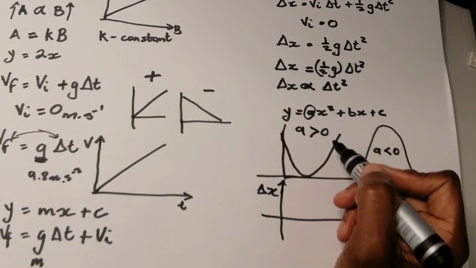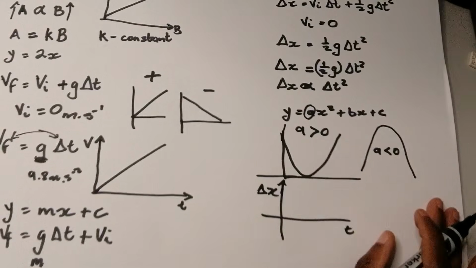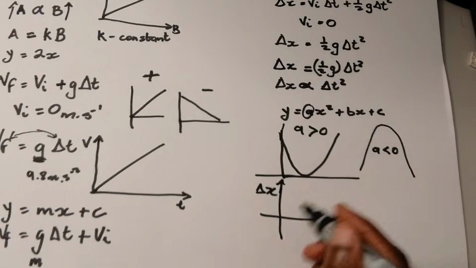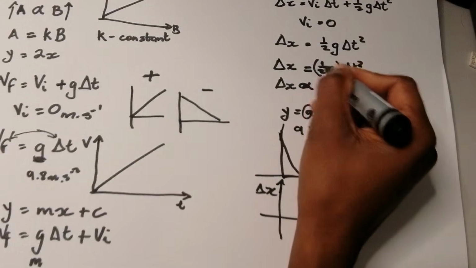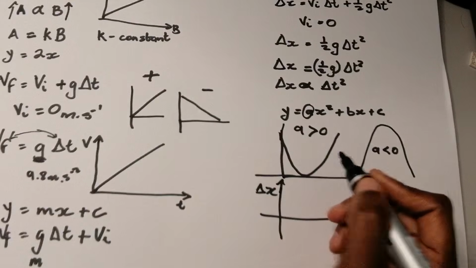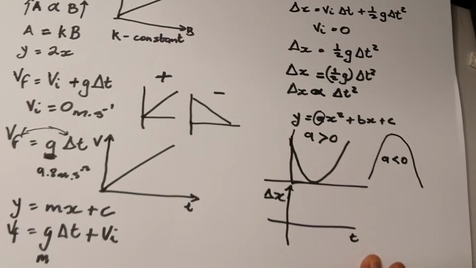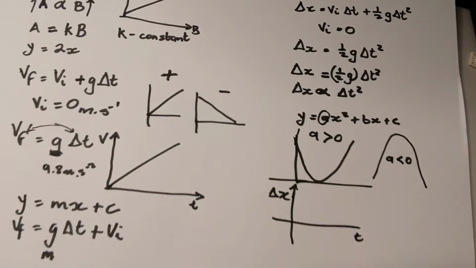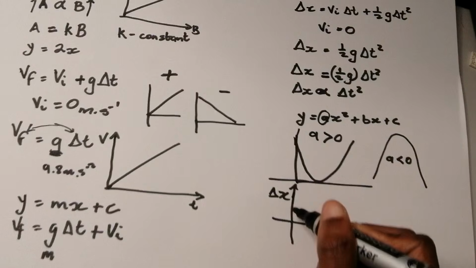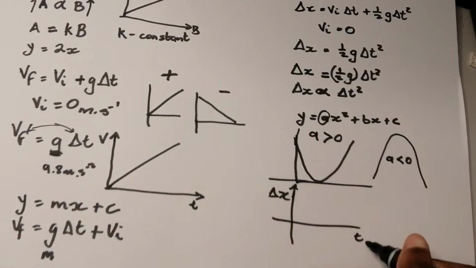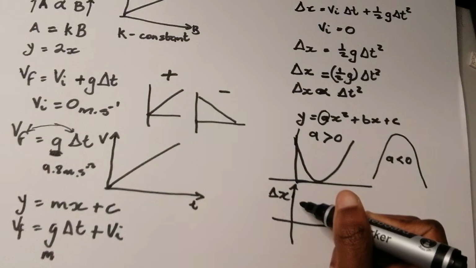But what would determine the shape of the parabola would be that value of g there, the coefficient, isn't it? I'm trying to rush through this so that we get to the meat of this section. All I'm simply saying is that if I draw delta x against t, I'm expecting a parabola.